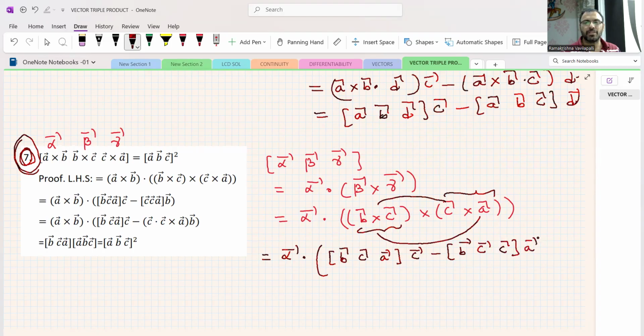Anyway, that becomes a zero vector, because B cross C is perpendicular to C bar; these are collinear vectors, so this value becomes 0.